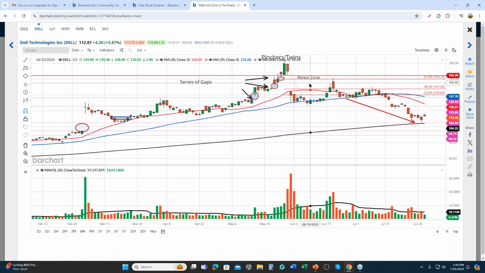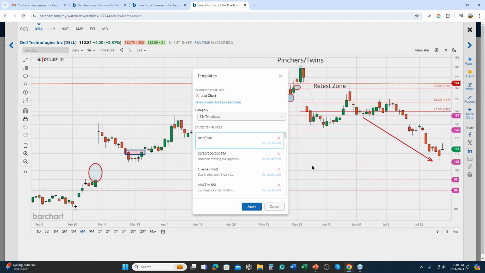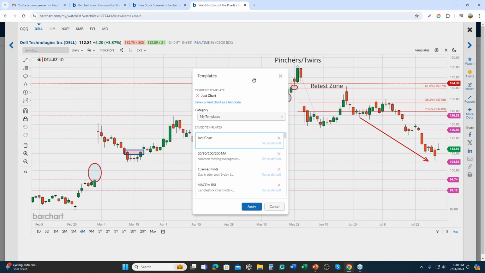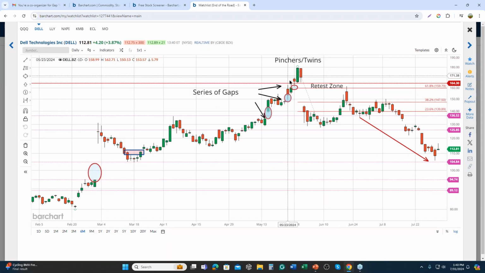So what we're going to look for now is, let me change my template here to a clean template. What I'm going to look for here is, where do I think the market is going to retest? In other words, let's start looking at some of those data points that we can rely on.